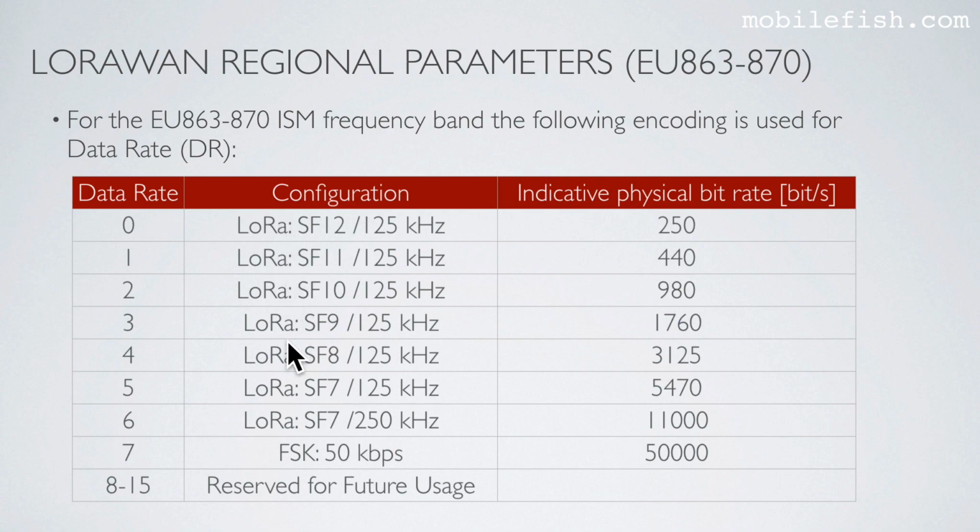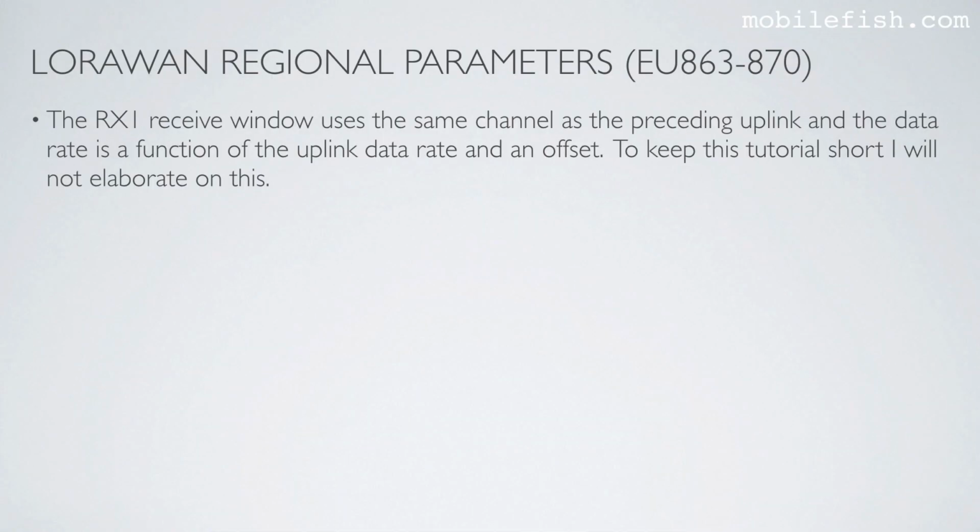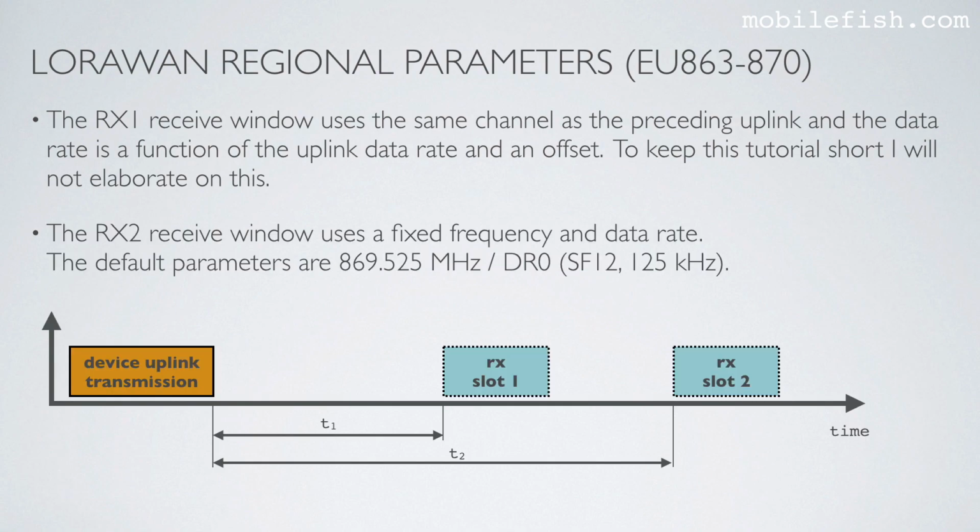The modulation type is all LoRa over here, and the modulation type is here FSK. The receive 1 window uses the same channel as the preceding uplink, and the data rate is a function of the uplink data rate and an offset. To keep this tutorial short, I will not elaborate on this. The receive 2 window uses a fixed frequency and data rate. The default parameters are 869.525 MHz and the data rate is 0, meaning spreading factor 12 and a 125 kHz bandwidth.